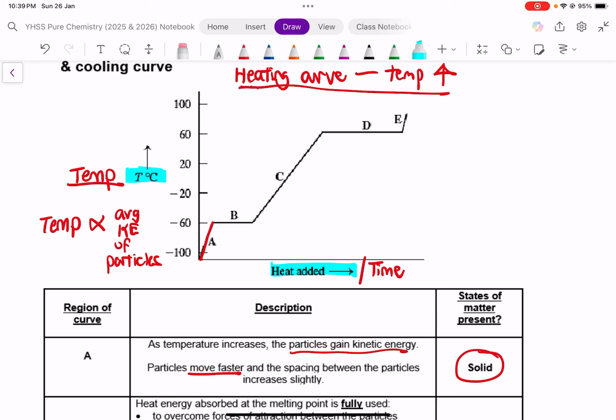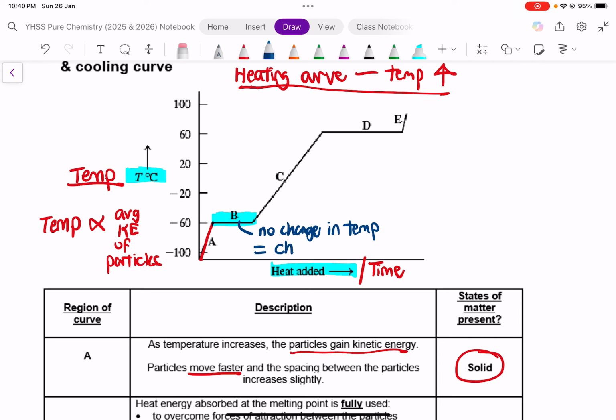Now, when looking at a heating curve, what's interesting are the regions where temperature becomes horizontal. No change in temperature. Like in region B, there is no change in the temperature because it's flat at region B. Now, when there's no change in temperature, temperature has remained constant.